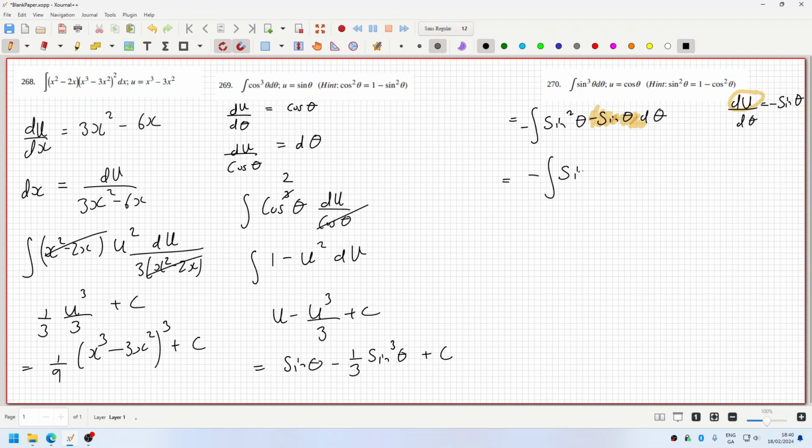Minus integration sine squared theta du. Sine squared is 1 minus cos squared.